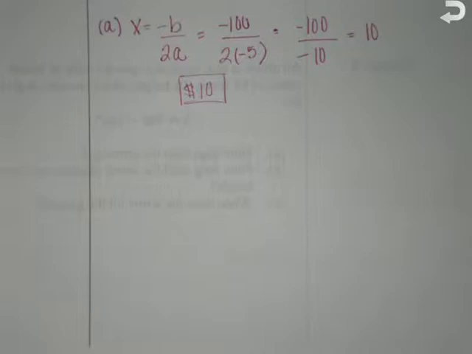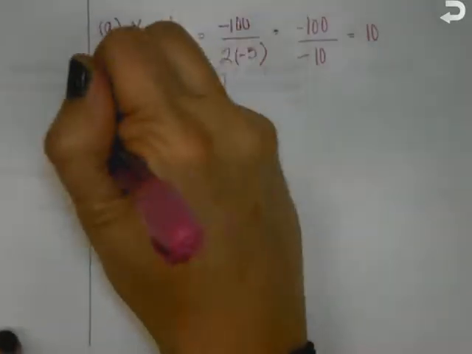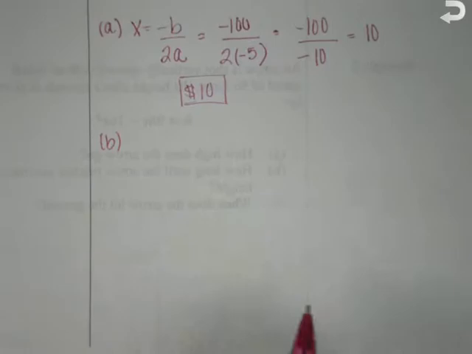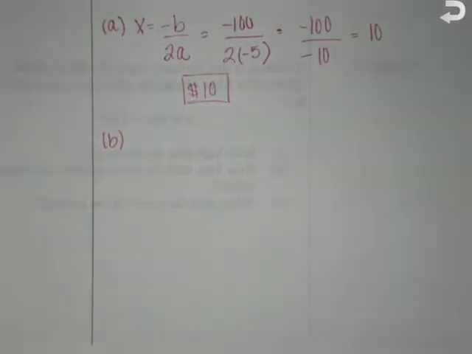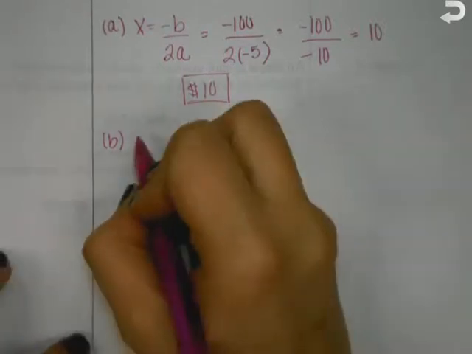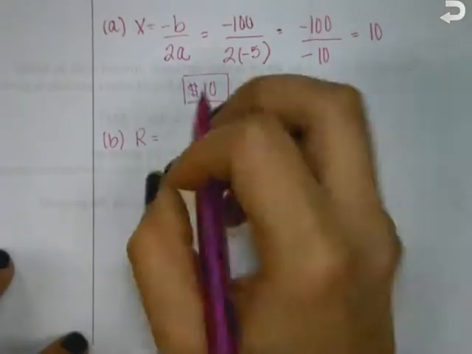Okay, part B. What is the maximum revenue? If P maximizes my price, how could I find the Y value for that? We want to plug 10 in for P and find R. So that's going to be negative 5 times 10 squared plus 100 times 10.